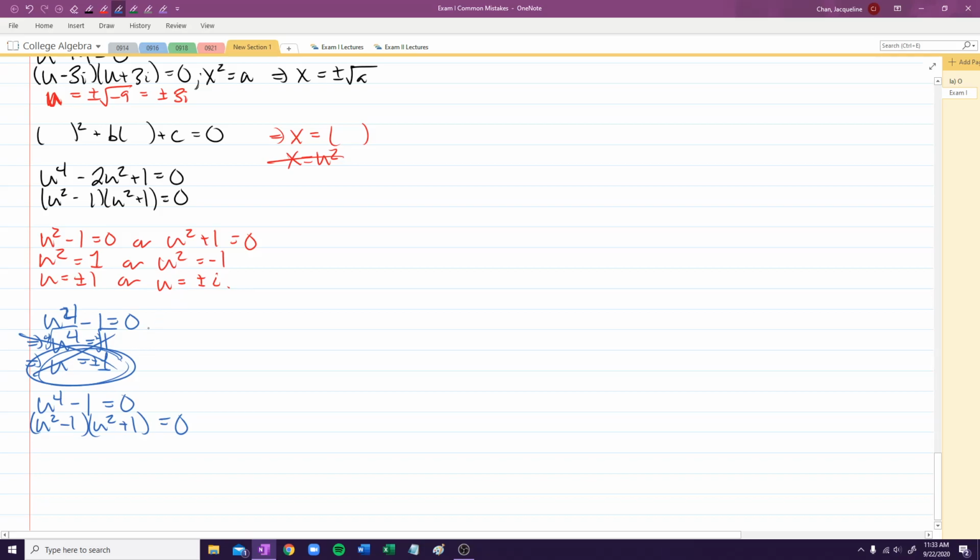But when you take u to the fourth is equal to 1, you can also get plus or minus i. So just taking i, for example, if I find i to the fourth, that's i times i times i times i. We know i times i is negative 1. So I'm just going to group these. So I have negative 1 times negative 1, which gives me positive 1. Okay, so you're missing the imaginary numbers when you're doing that. So you can only apply that square root property if your power has a 2.